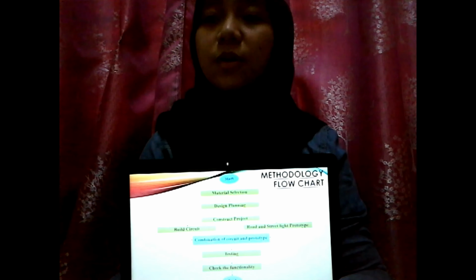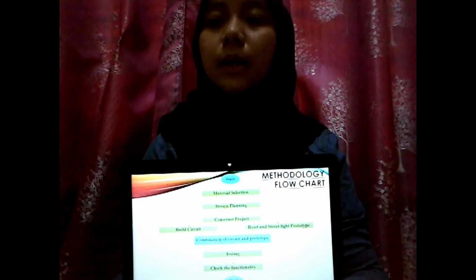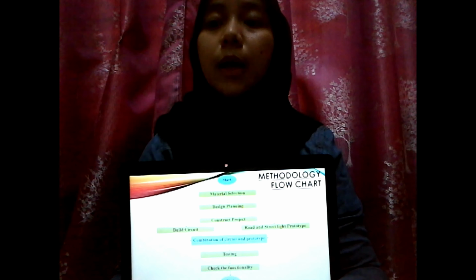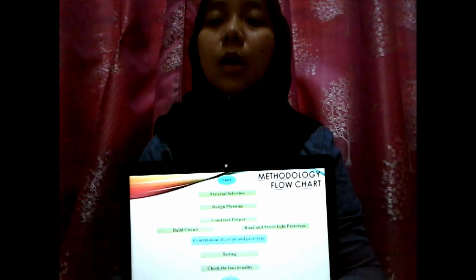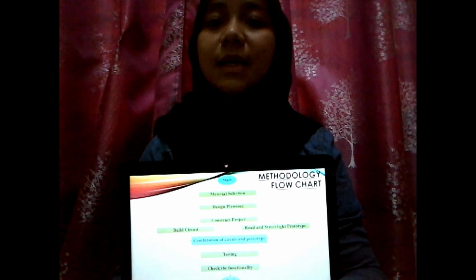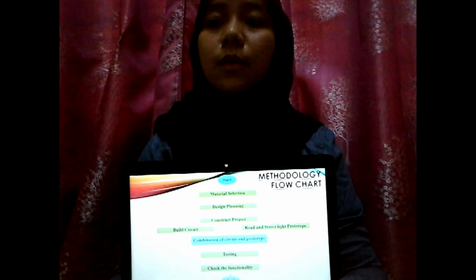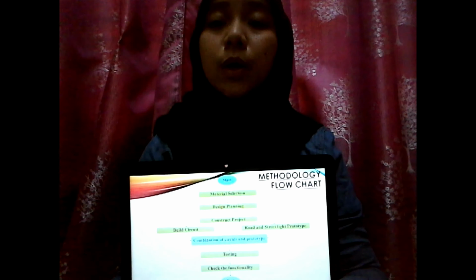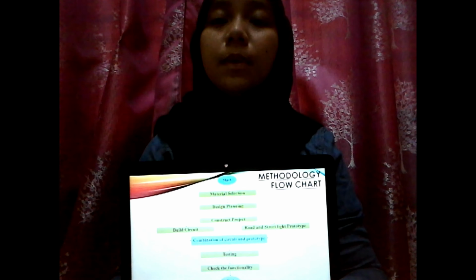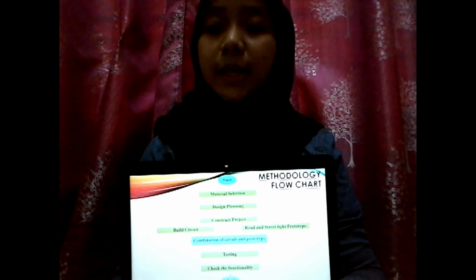Based on the flow chart, we are going to focus on the testing, whether it works well or not, and also check the functionality of the prototype with the circuit, whether it works as we want it to or not. And if it does not function well, we will be able to repair and modify before it is too late.